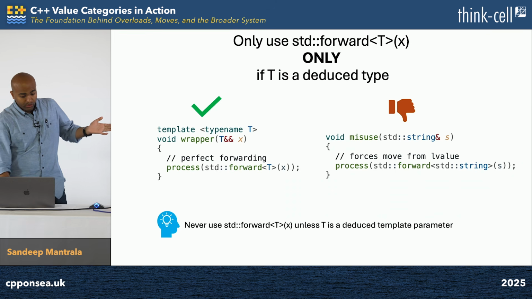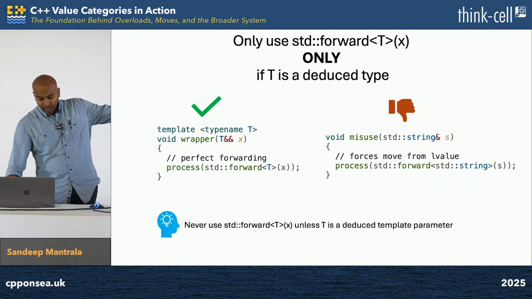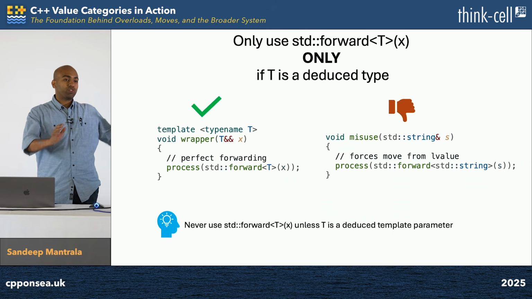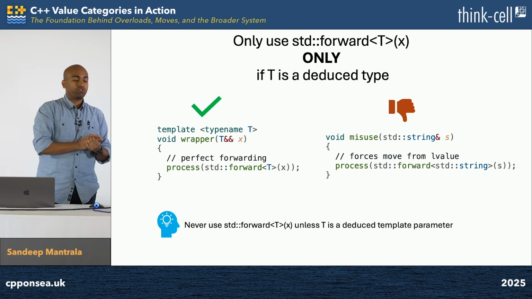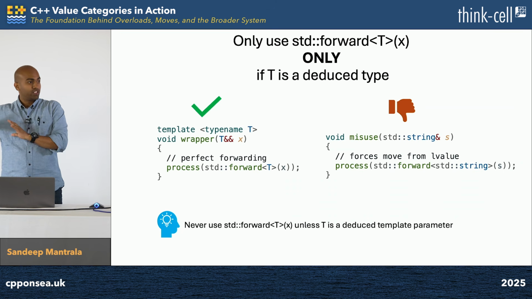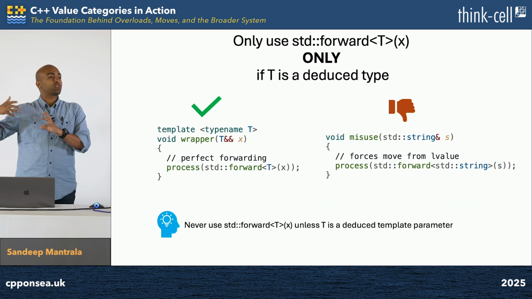So only use std::forward if T is a deduced type. If not, things can go really wrong, because in this example we have an lvalue reference s, and if you try to do std::forward on this, what happens here? If you look at the implementation of std::forward, it tries to cast it into an rvalue reference. Why does it do so? Because it relies on the reference collapsing rules.